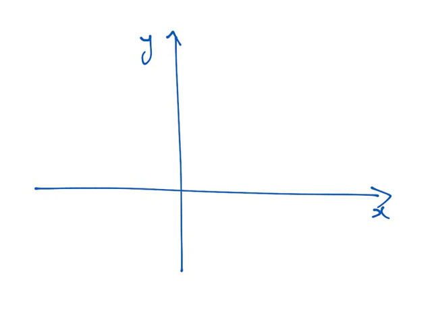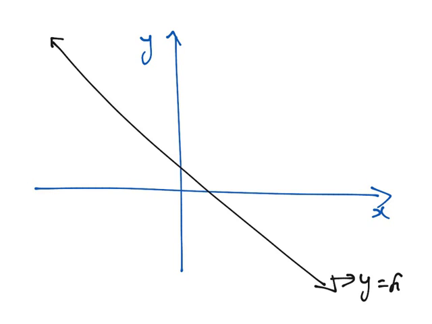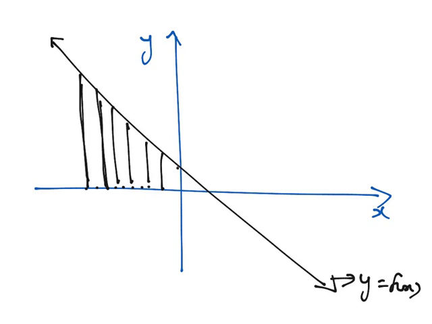Okay, let me give you another example. Let's say this is y and this is x. What about this function, students? This is a straight line, so this is y equal to f of x. As you can see, as x becomes bigger, f of x becomes smaller and smaller and smaller in value.